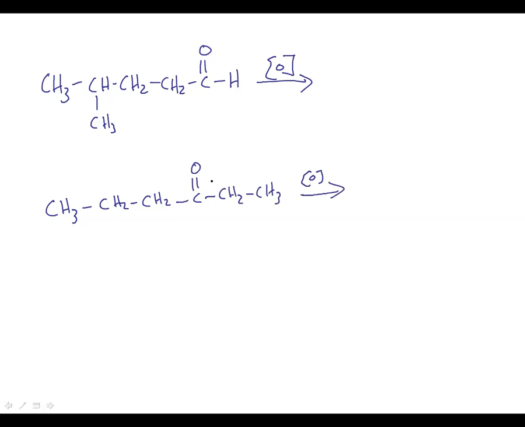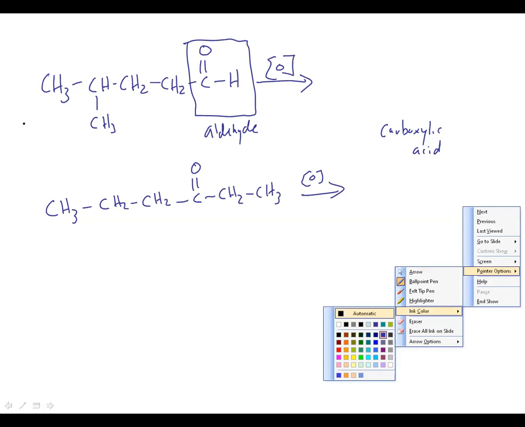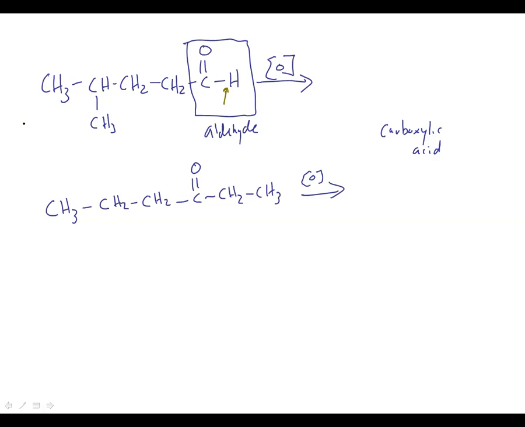So let's take a look at what will happen here. First off, we see this is an aldehyde. And again, an aldehyde will oxidize to a carboxylic acid. And when we go to draw it, the only thing that changes is at the very end.